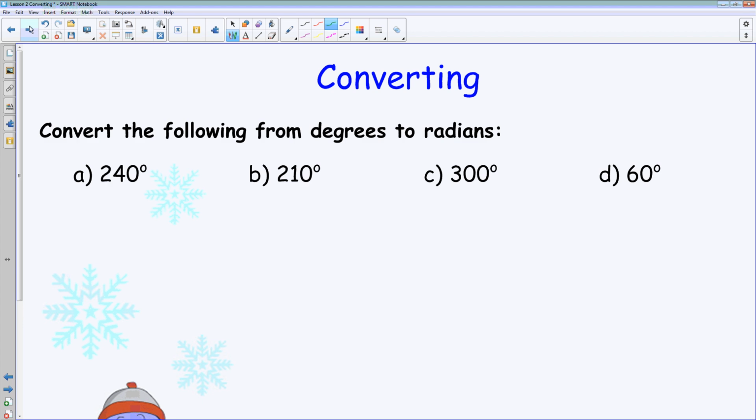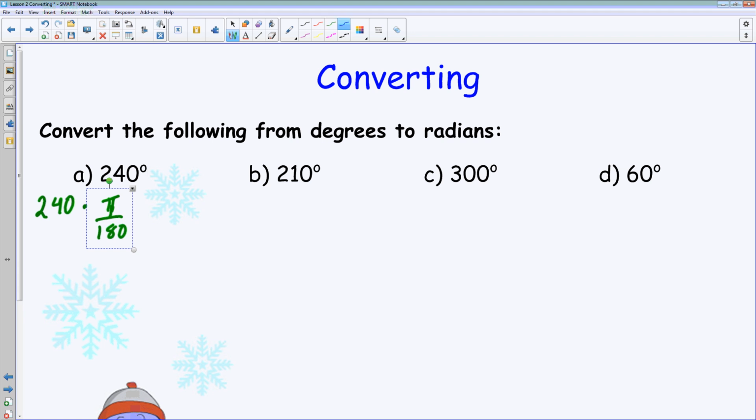So let's look at some examples from degrees to radians. We're going to take 240 degrees and multiply that by pi over 180. When you look at the 240 and the 180, you should notice that they are both divisible by 60.